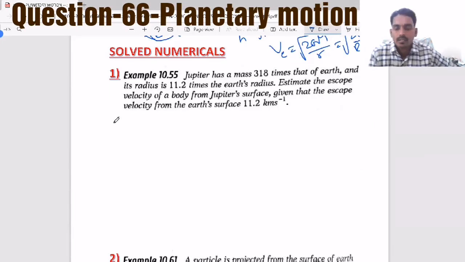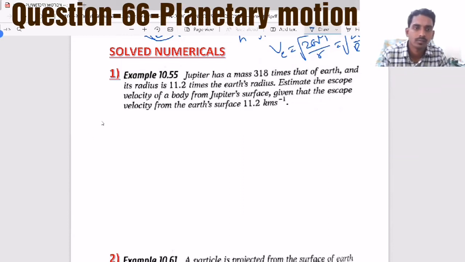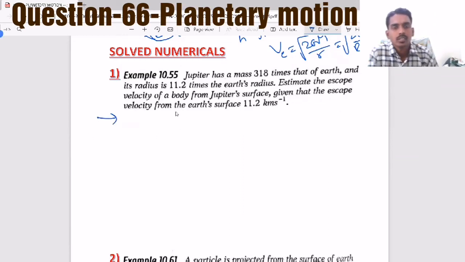Now, based on Kepler's laws, orbital speed, total energy of the planet or satellite, and escape velocity of a particle from the planet, let's see a few examples.